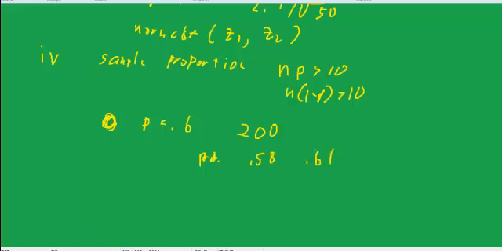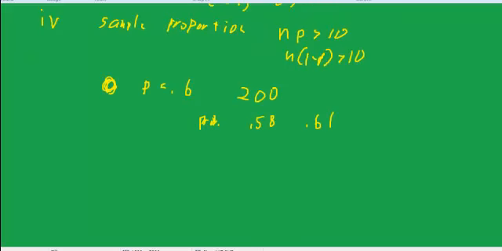Notice I picked an asymmetric one, so we'll have to calculate two z's here. And for the binomial setting, the binary, where we're doing a sample proportion, so it's Democrat or not Democrat, yes or no type of thing.